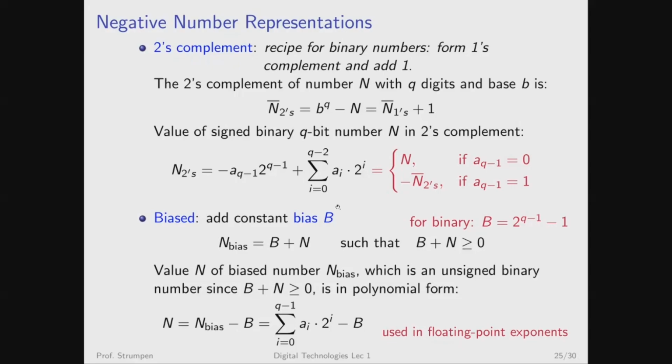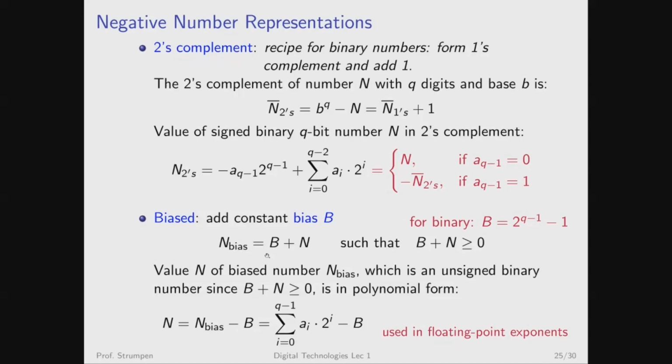There are other number representations, for example, the bias number representation, right? That is particularly simple at the first glance. The bias representation of a number N simply adds a constant bias B to N, and the resulting number is interpreted as the number in bias format.